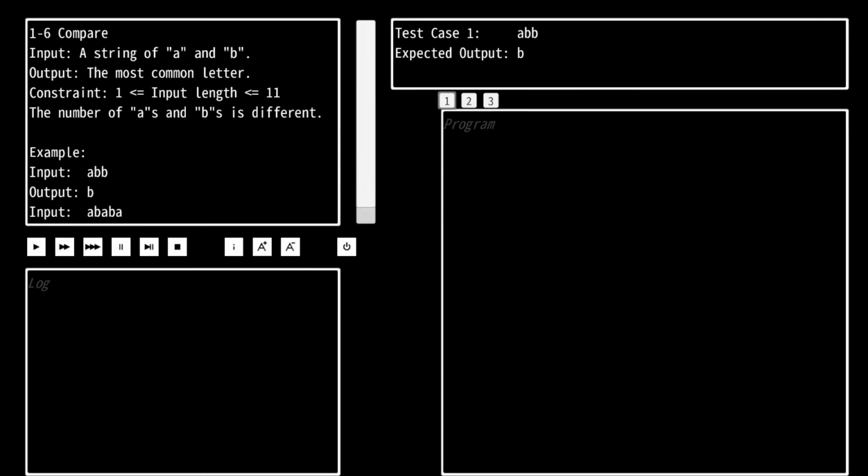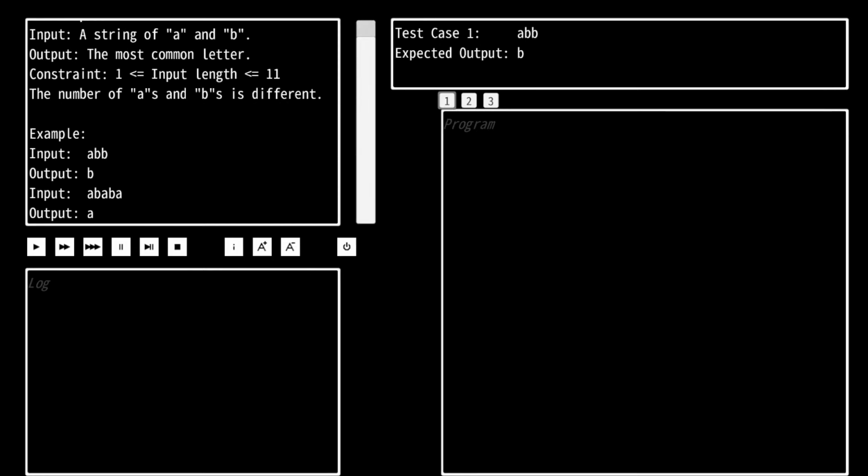A string of A's and B's, output the most common letter. Okay. So isn't this just AB equals nothing, BA equals nothing? No, because then once I do all of this, I need to figure out how to reduce down, I think, to just one letter.